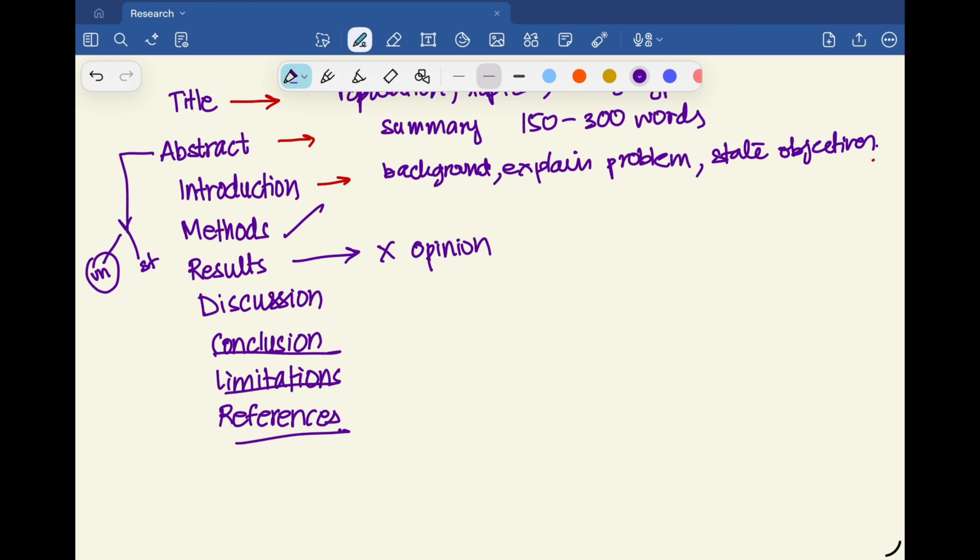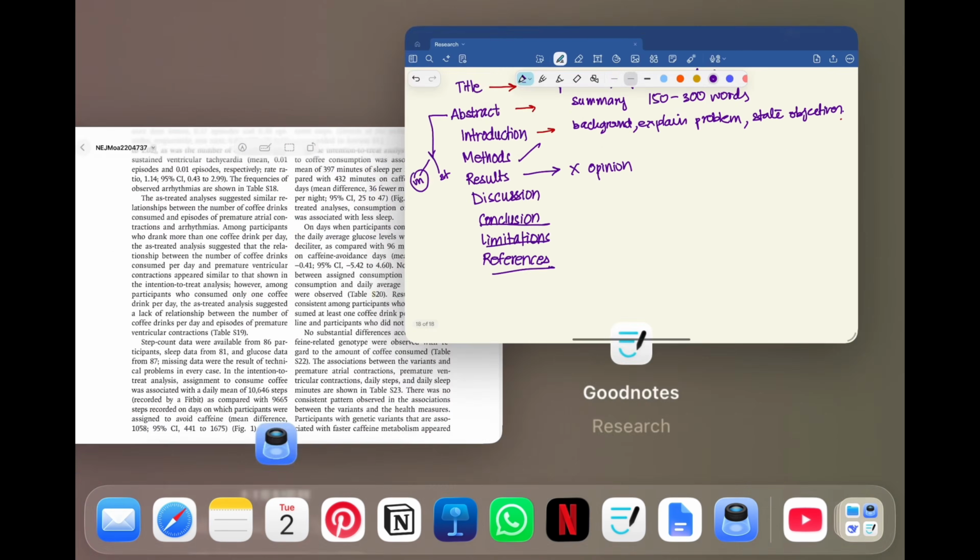You actually compare it to previous studies in the literature and why your study differs, or why it is similar to the previous studies, right? The first paragraph of discussion usually summarizes the main findings, so the results, and the last paragraph is their final verdict, so the conclusion.